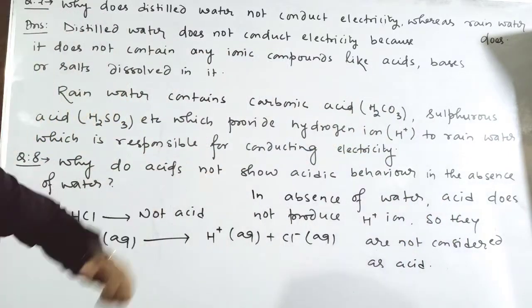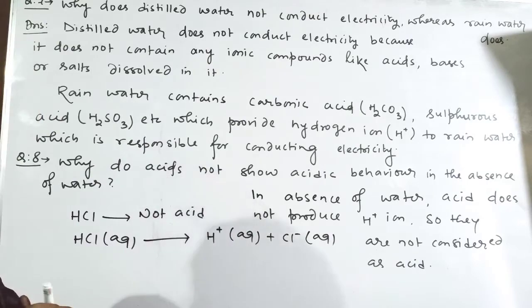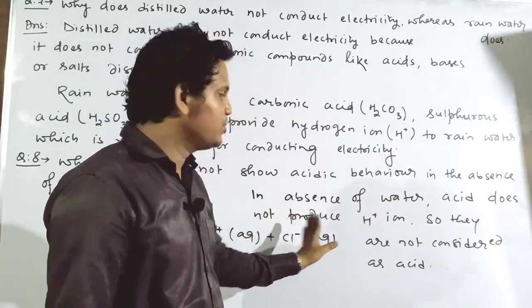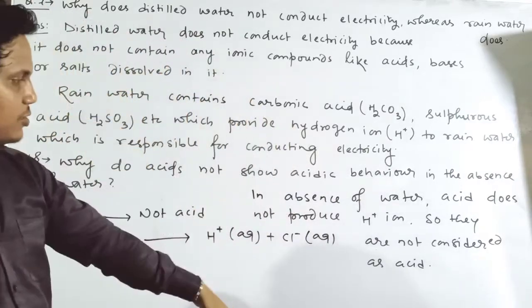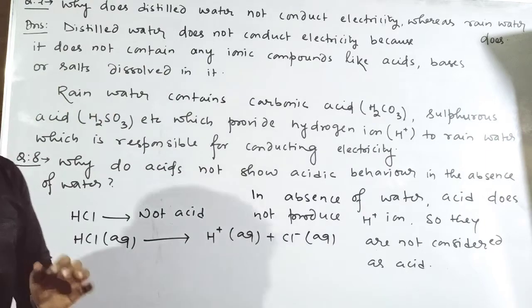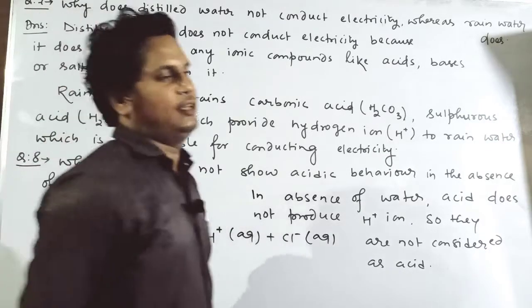So why do acids not show acidic behavior in the absence of water? In absence of water, acid does not produce H positive ions. If they do not produce H positive ions, they will not be considered as acid. Now let's proceed to question number 9.